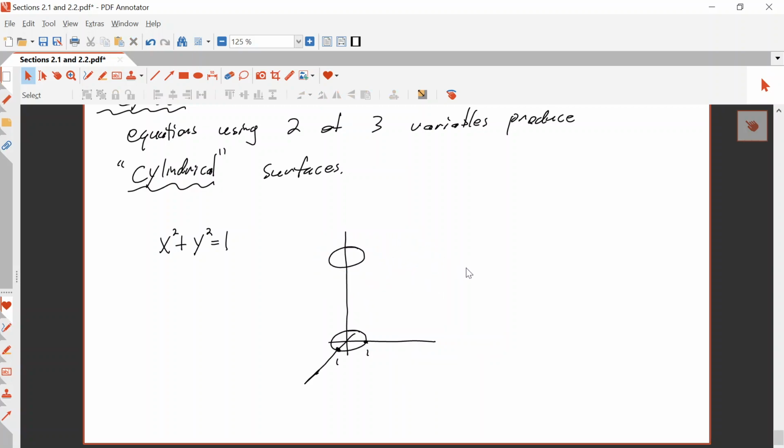So x and y are constrained to make that circle, and then you extend that circle in the z direction, parallel to the z-axis. And then you have various copies of that circle at all the different z coordinates.